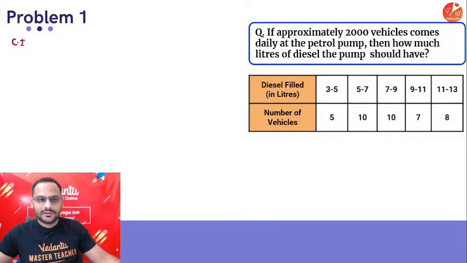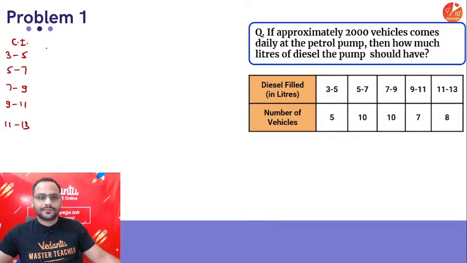So beta, class intervals over here we have 3 to 5, 5 to 7, 7 to 9, 9 to 11, and 11 to 13. The xi values: 3 plus 5 by 2 is 4, 6, 8, 10 and 12. Frequencies are 5, 10, 10, 7 and 8.